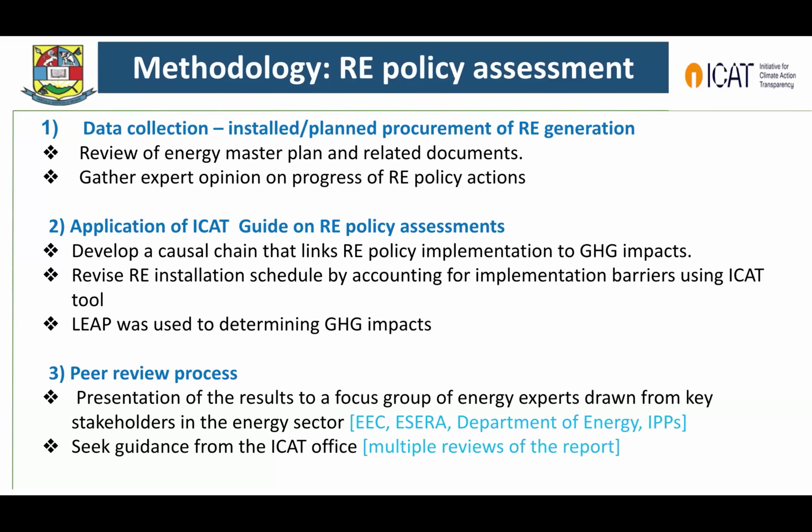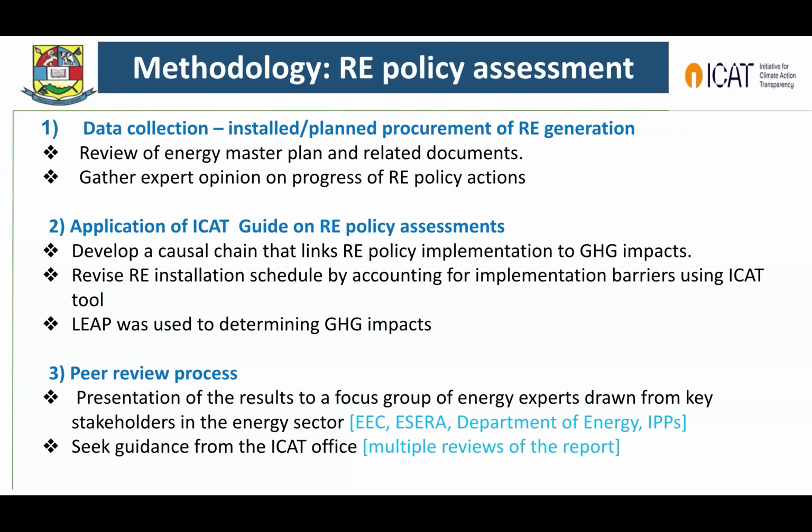And then two was the application of the ICAT guide through developing a causal chain, and then using the ICAT guide to moderate the capacities that were found in the master plan, using the barriers that are in the ICAT guide, and then LEAP was used to determine the GHG impacts.